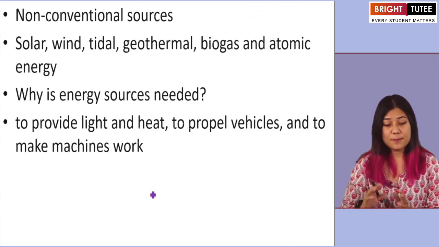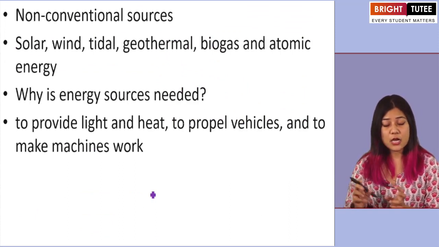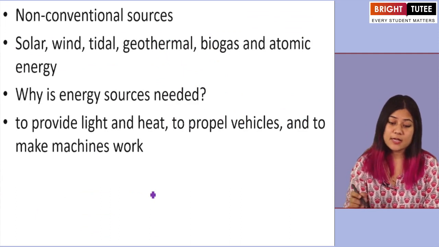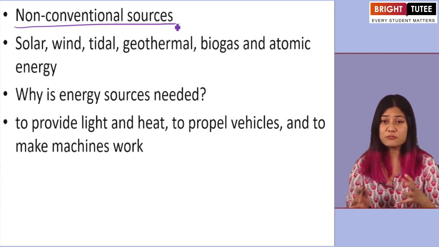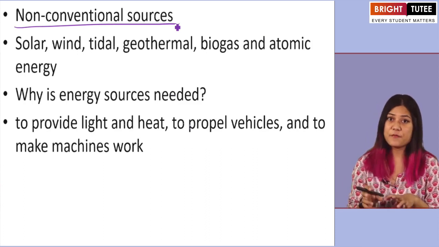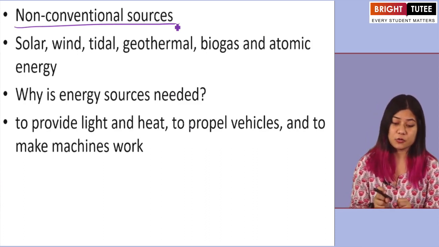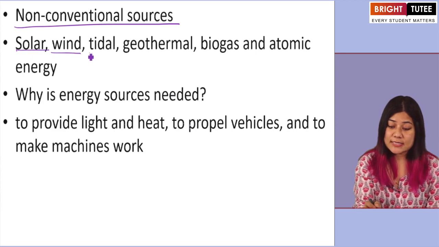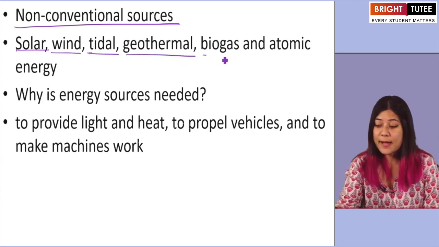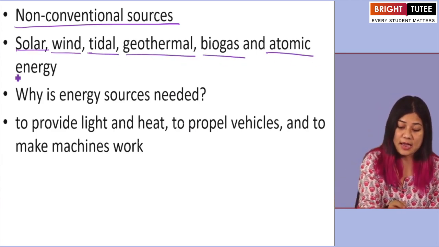The other type of energy source is called non-conventional sources. Now these are a little different from the conventional sources. These non-conventional sources are solar, wind, tidal, geothermal, biogas, and atomic energy.